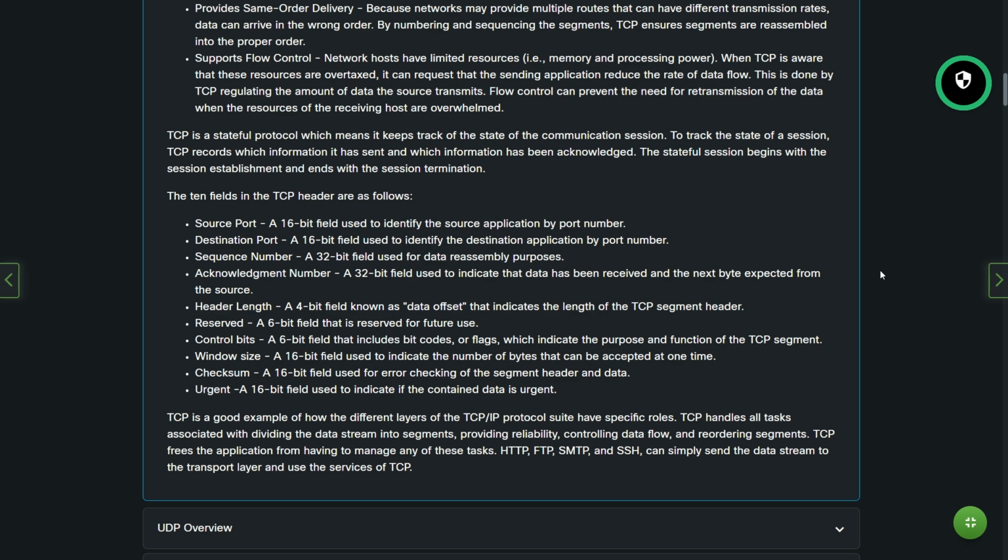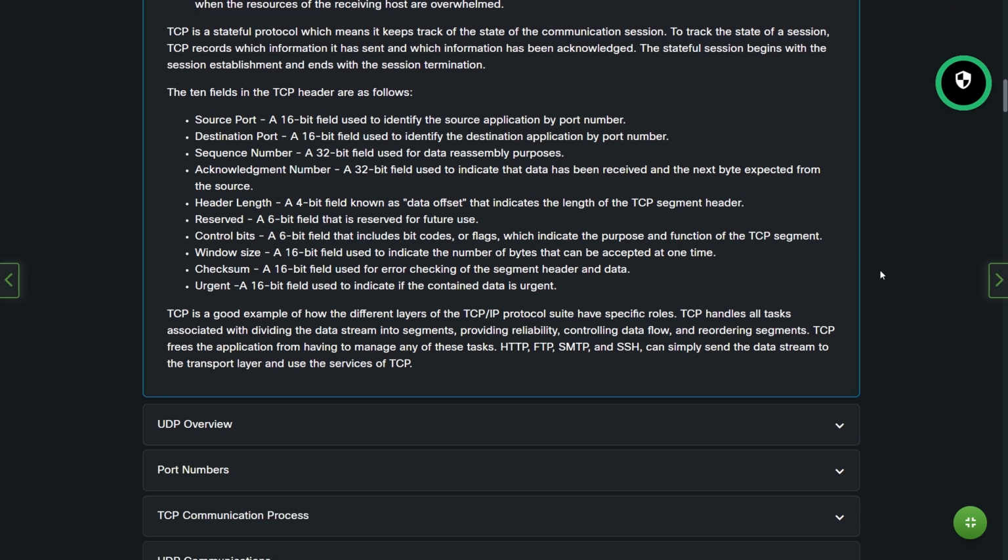Window size, a 16-bit field used to indicate the number of bytes that can be accepted at one time. Checksum, a 16-bit field used for error checking of the segment header and data. And the last field is urgent, a 16-bit field used to indicate if the contained data is urgent.